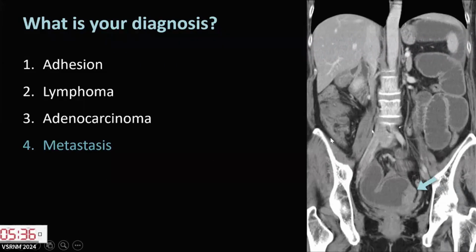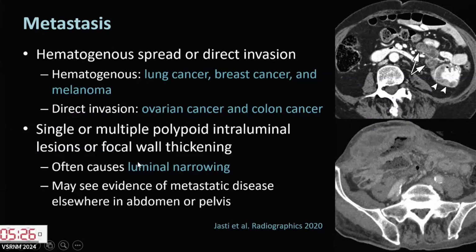The patient received an operation and it turned out to be recurrent ovarian cancer with metastasis involving the small bowel. Metastasis to the small bowel can occur from hematogenous spread or direct invasion. Hematogenous spread is more commonly from lung cancer, breast cancer, and melanoma.